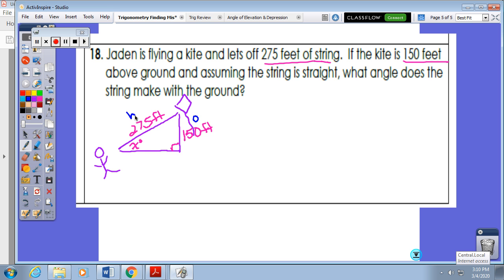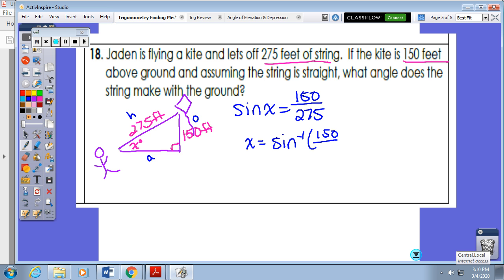So then if we go to label it, opposite, hypotenuse, adjacent. I'm looking for SOHCAHTOA, I'm looking for sine. So sine of x is equal to opposite, which is 150, over hypotenuse, which is 275. So x is equal to the sine inverse of 150 over 275.